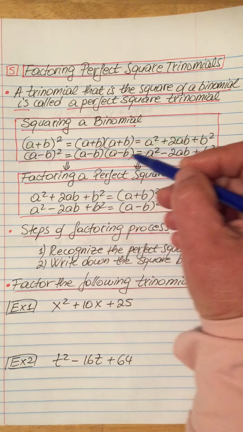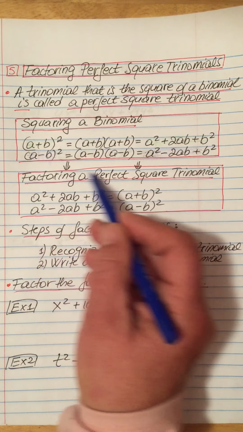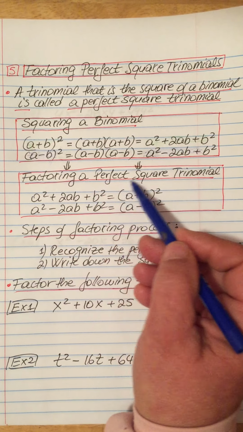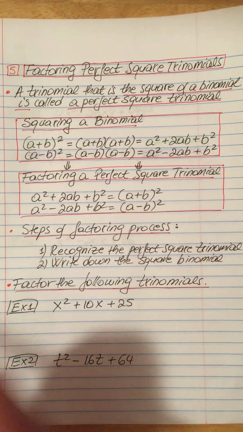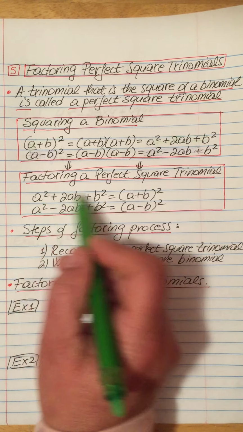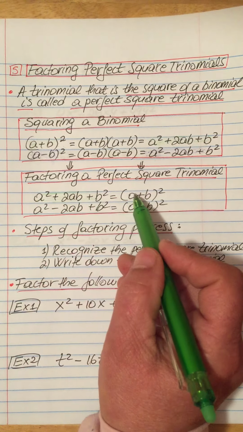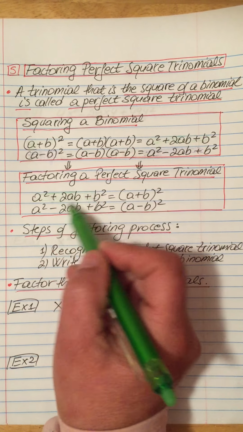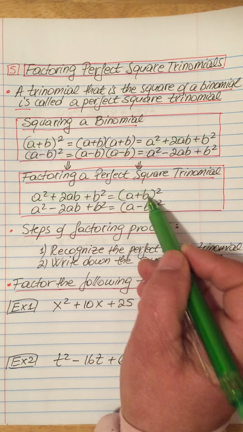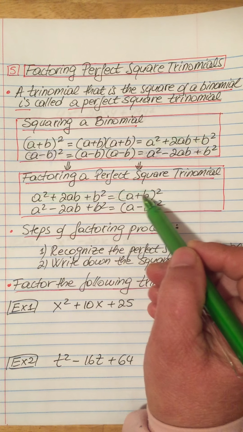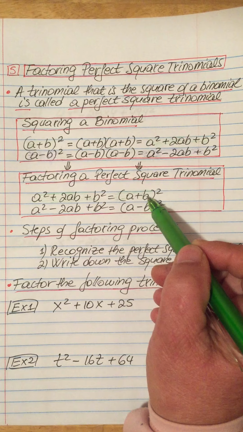And now we have formulas if we want to factor a perfect square trinomial. So, if we have the trinomial with a plus in the middle term, the binomial will be with a plus. But what is the binomial? What are a and b that we are looking for?